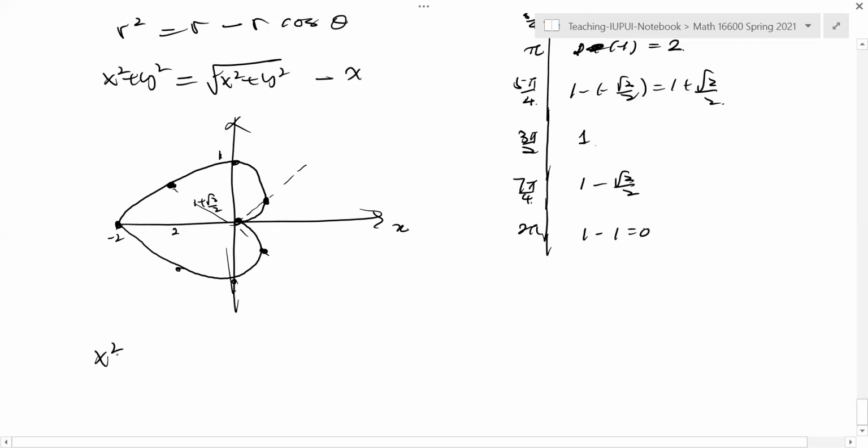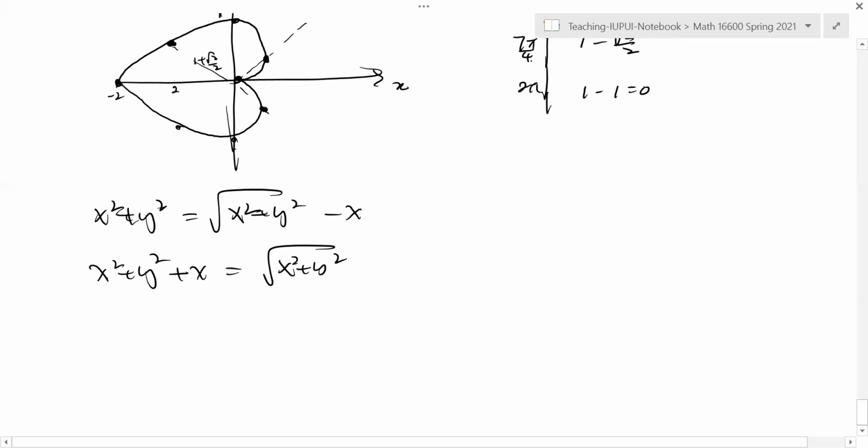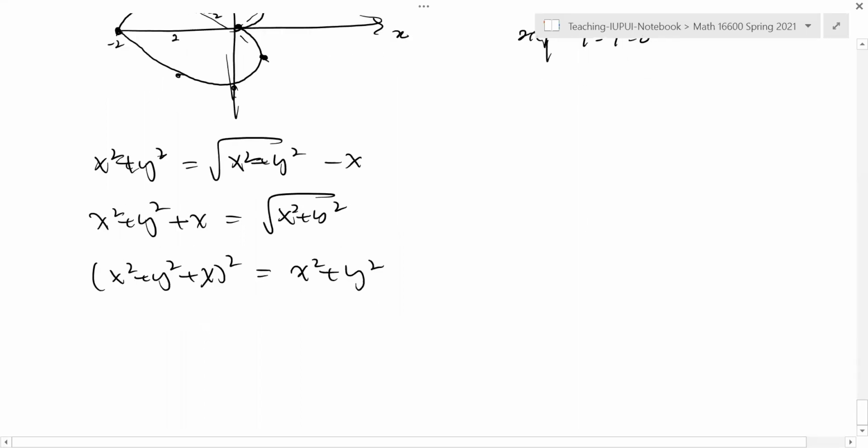Now this equation involves radicals, right? But you can get rid of that and square both sides. What do you get? You square both sides, then you get no radicals. So this equation is just a polynomial in two variables.